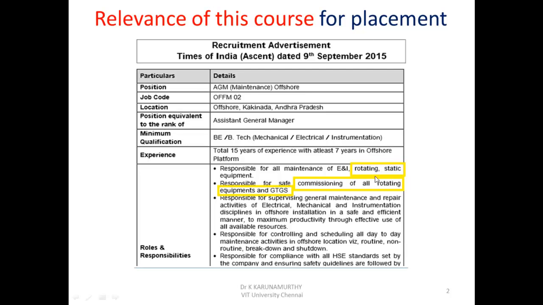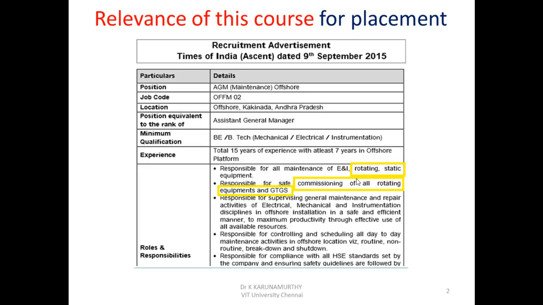Here it is mentioned: rotating static equipment, responsible for maintenance of rotating and static equipments. So this rotating equipment is what we are going to deal with. This Turbomachines course is about these rotating equipments.